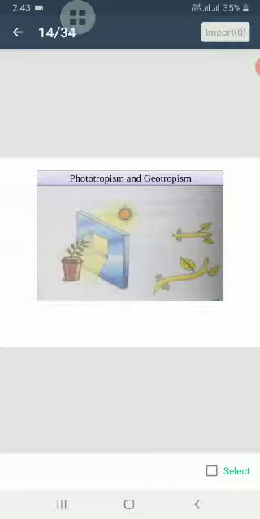On the other hand, animals like cockroaches and earthworms move away from light. Roots have a tendency to grow towards the earth and stems tend to grow against it. The response of roots and stems toward and against the earth is known as geotropism.